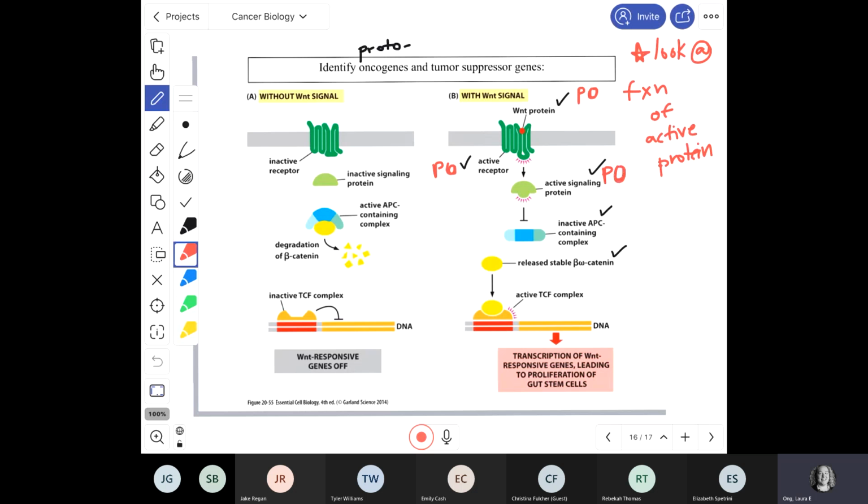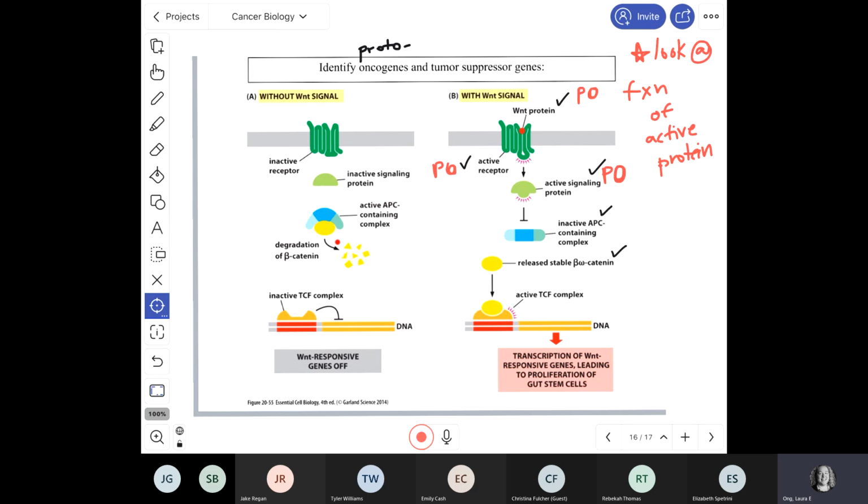So it's a proto-oncogene. This one, we see here in its inactive state. In its active state, it's working to block cell division. So when APC is in its active state, it is putting the brakes on cell division.